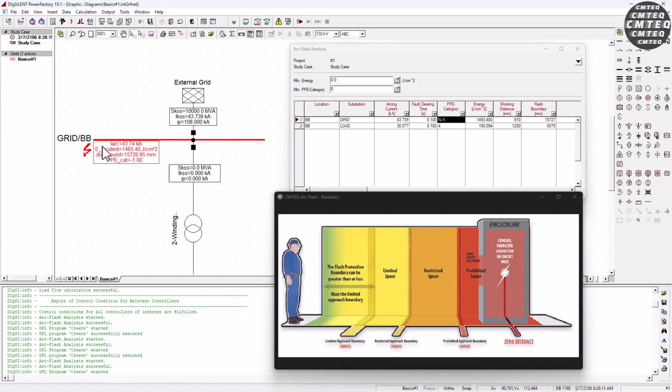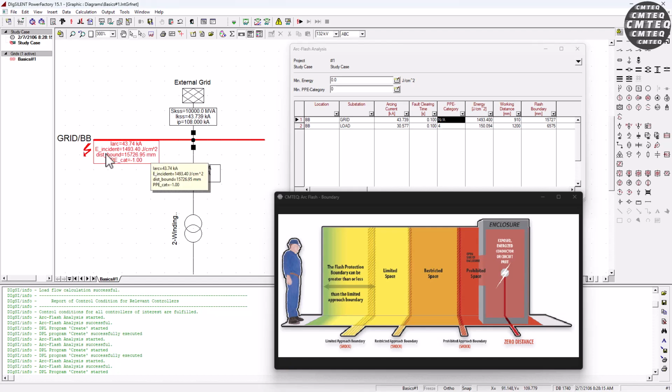Now for the 132 kilovolt bus bar, we've got an arc current of about 43.7 kiloamps, which is basically the short circuit current on this bus bar here. And this is at a calculated incident energy of 1493.4 joule per centimeter square. So it's very high, okay?